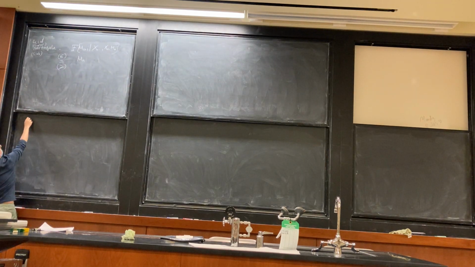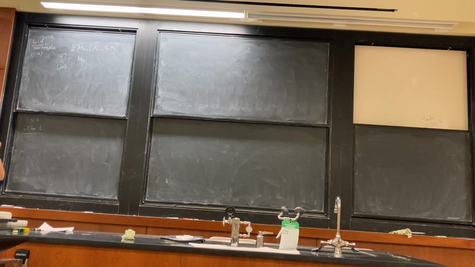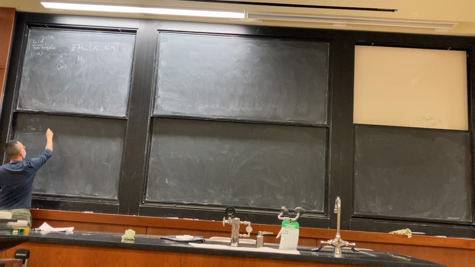So today we're discussing section 5.3. The first theorem that we need to mention is, given the definition of the martingale, taking expected value of both sides, we have the following.